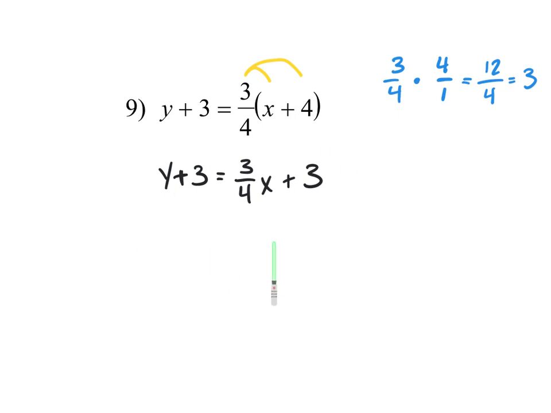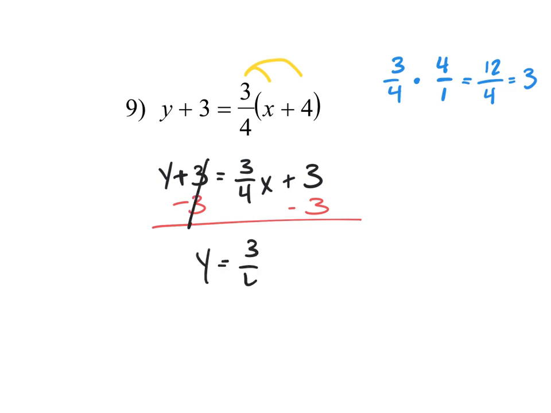So now I'm right here. I'm almost to what I need to be in slope-intercept form, except I need to get y by itself. So what do I have to do? Subtract 3. Now, here's the thing to remember. When you add or subtract, you don't have to do it to each individual piece. You just have to do it to each side. Division and multiplication are the ones that could be different. All right? But when this happens, that will cancel.